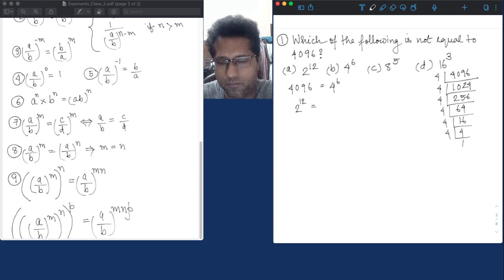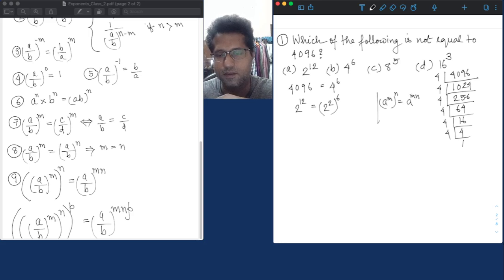We want to have 2 to the power 12, we want to convert it with the base 4. So I need 2 square, this will be 2 square to the power 6. So I have split the power 12 as the product of 2 and 6, and we know that A to the power m whole to the power n equals A to the power mn.